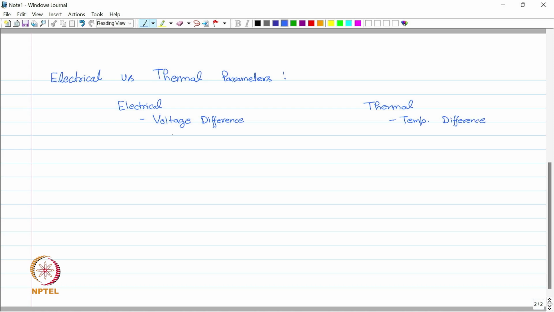In the electrical system, we have current. In the thermal system, we have the dissipated power. Similarly, we have electrical resistance, and in thermal, we have the thermal resistance.